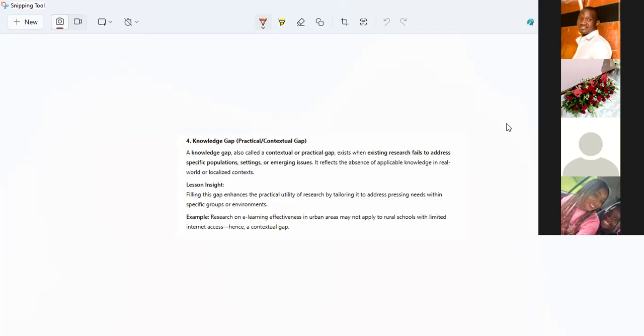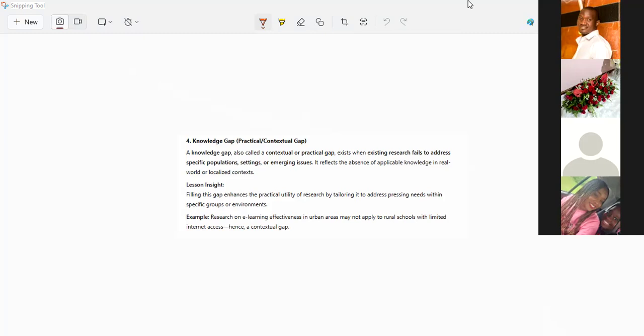Okay, quickly, what are the gaps I've talked about that exist? Number one was the theoretical gap. Number two was the what? Empirical. Empirical is about what? The findings. The findings do not conform. They have left out some data.